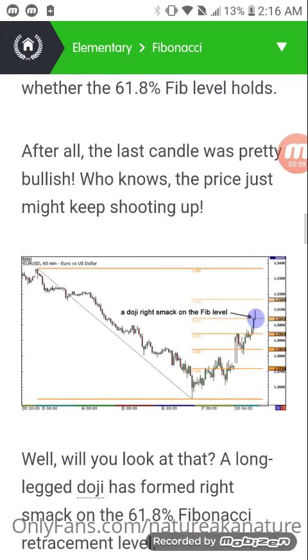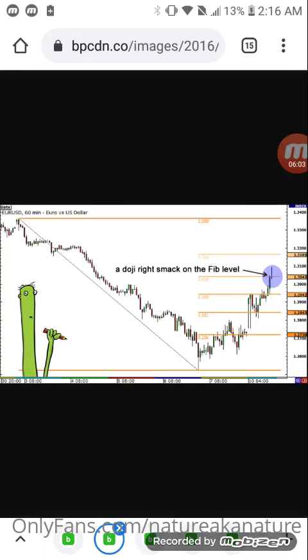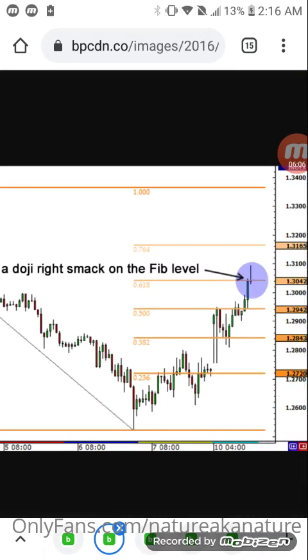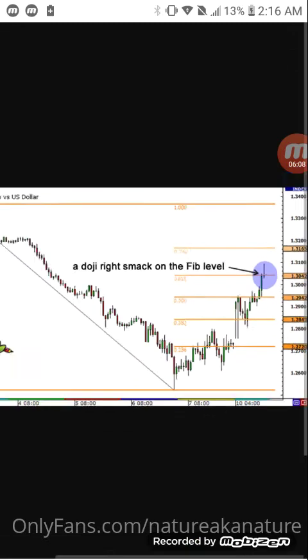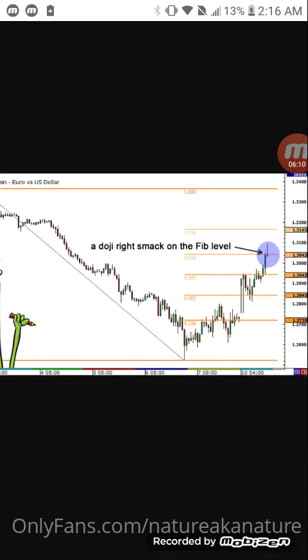So this is what happens. If you're looking to buy or sell using Fibonacci retracement and Japanese candlesticks, you're going to look for signs of candles being exhausted.